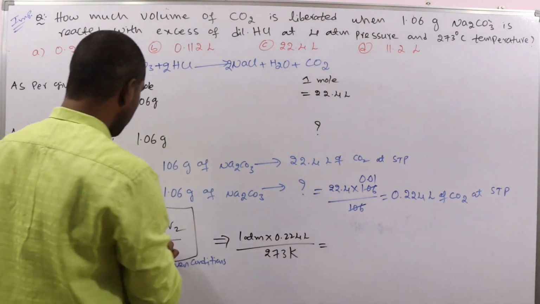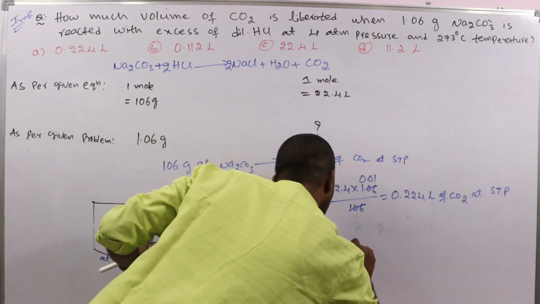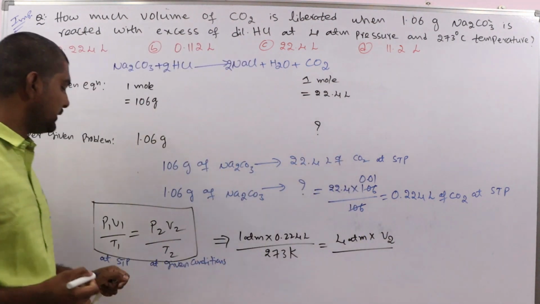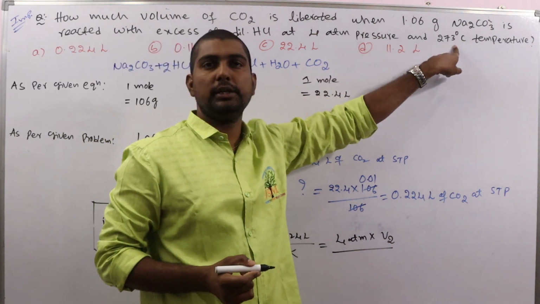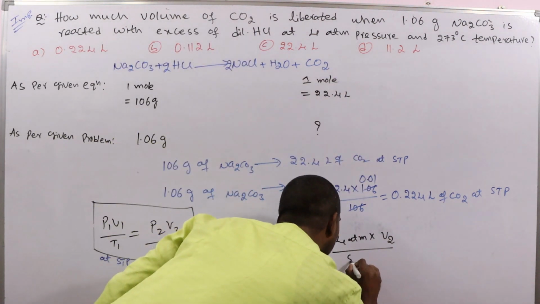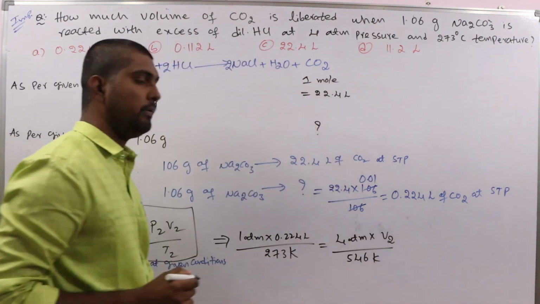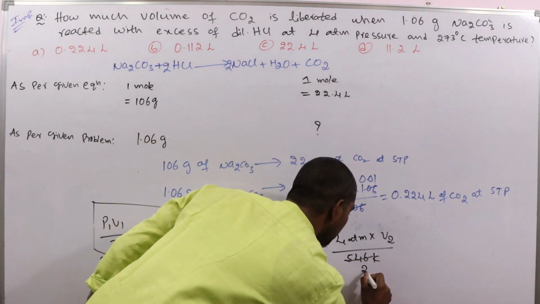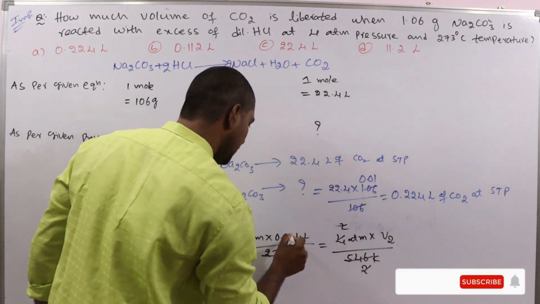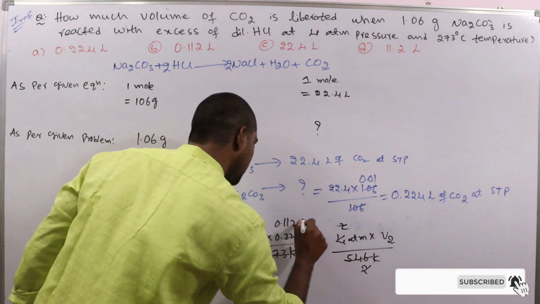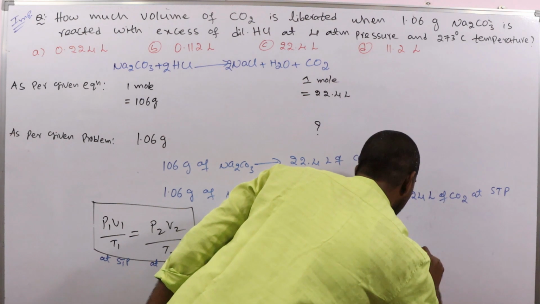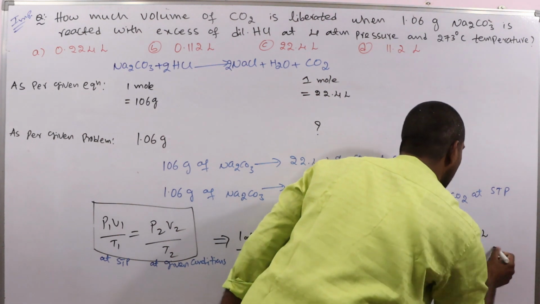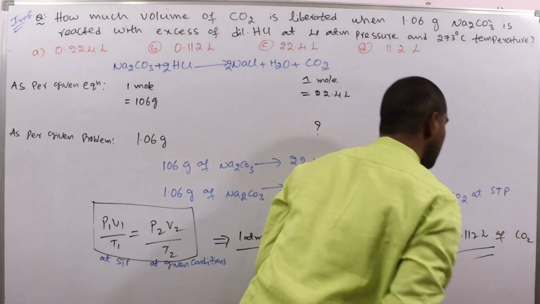Next, pressure P2 is provided as 4 atmosphere, into V2 which we should calculate, and the temperature T2 is 273 degrees centigrade, that is nothing but 546 Kelvin. If you simplify, we get 273, 2 times, this cancels, so we get 0.112 liter. So the answer V2 is 0.112 liter of CO2 liberated.